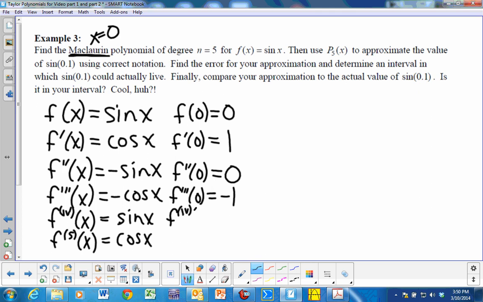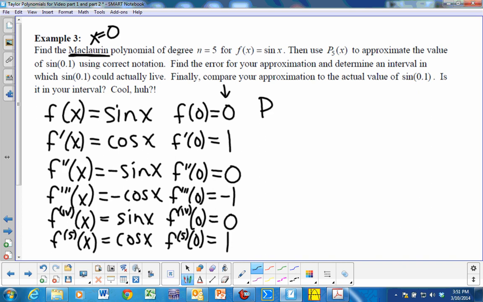Fourth derivative at 0 will be 0 again because you have sine, and then your fifth derivative is going to be 1. And these numbers right here, and then the factorial that goes with them, are all of your coefficients. I guess it's really these numbers right here. So these are all your coefficients that are going to go in front of this polynomial.